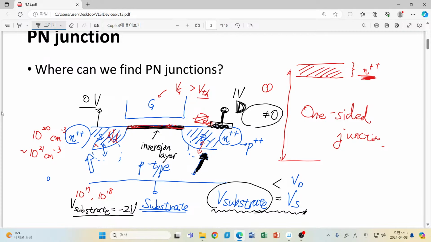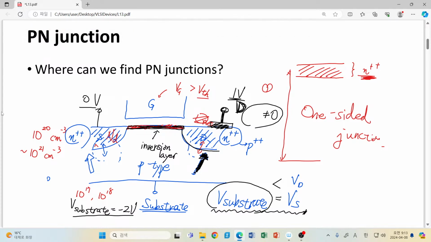Even in the case of the drain-to-substrate junction, although your n-type region is biased with 1 volt, you have minus 2 volt on the substrate, so it is also in its reverse bias condition.